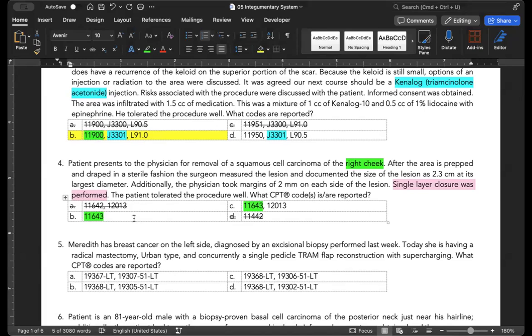In your 3rd paragraph, 2nd sentence, it states repair by intermediate or complex closure should be reported separately. So that's basically telling us that a simple closure is going to be included, and we should only separately report a complex closure or an intermediate closure. So since it was a single layer, that's going to be considered a simple closure. So we're not going to code that separately.